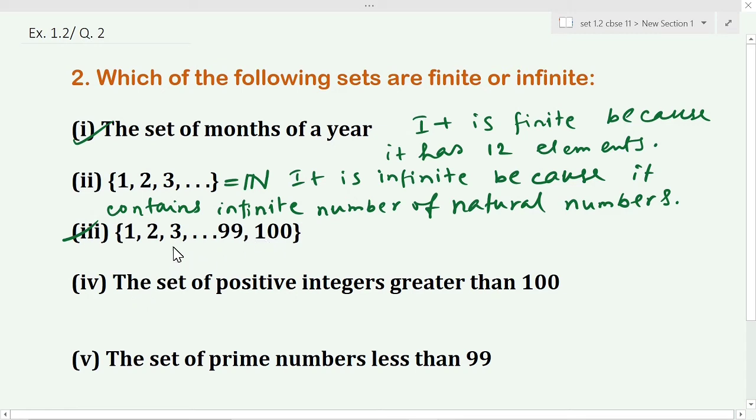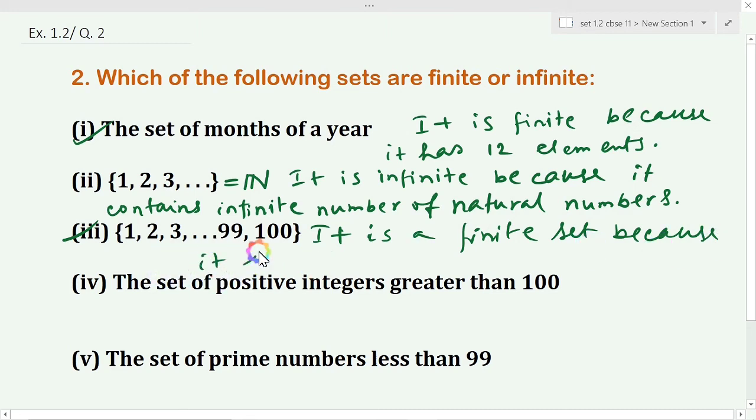So we can say that this set contains 100 elements, so it is a finite set, because it has 100 elements which is countable.